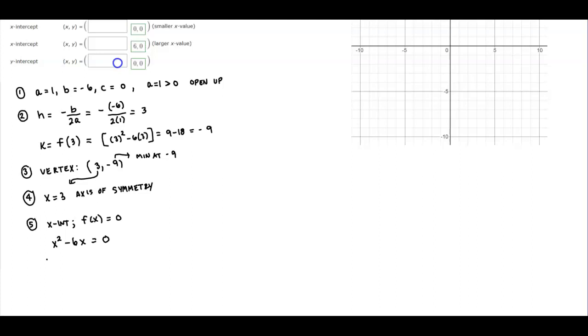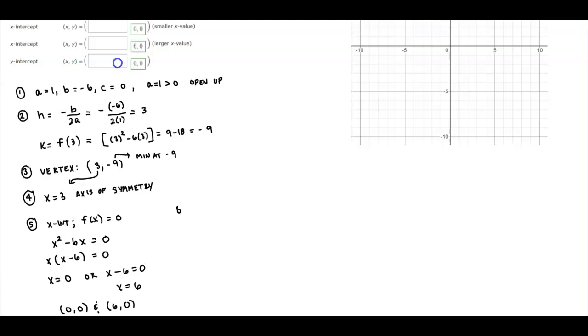Now we can factor out an x, and then what's left is x minus 6, which is equal to 0. So that means we have x equal to 0, or x minus 6 equal to 0. And so if we solve for x, we get 6. So there are two x-intercepts. One of them is located at 0, 0, and the other one is located at 6, 0.